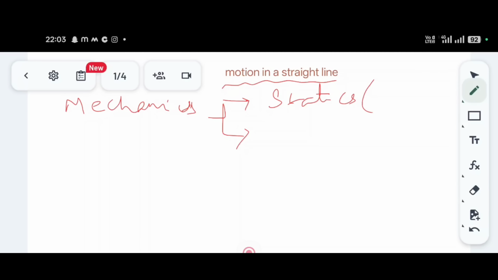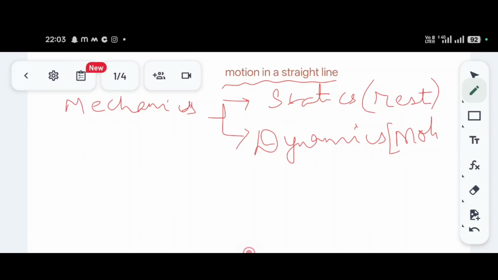Statics is the branch of physics which deals with the object at rest, and dynamics deals with the objects which are in motion, the study of objects in motion.